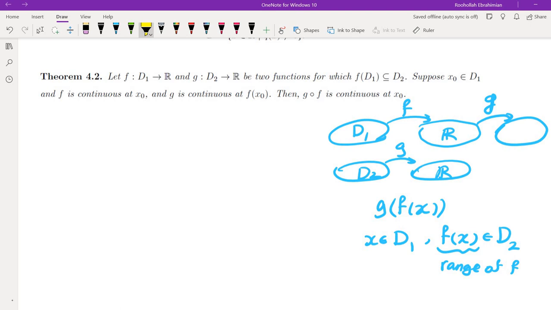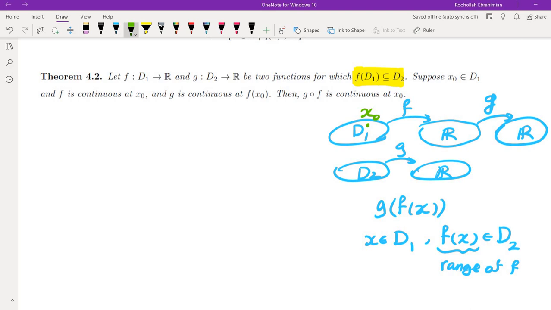So let's look at this theorem. Let f from D1 to R and g from D2 to R be two functions for which f of D1 is inside D2. Suppose x naught, a point here, is in D1.